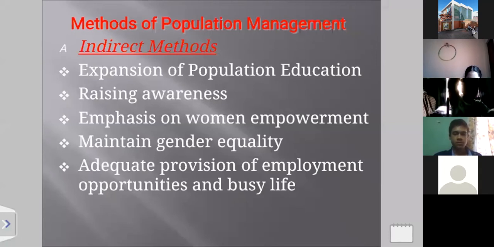Okay, my dear students, just now Miss Sirisa Thapa shared her view on the third indirect method of population management, emphasis on women empowerment. Women empowerment means to raise the power of women. How can we upgrade the power of women?